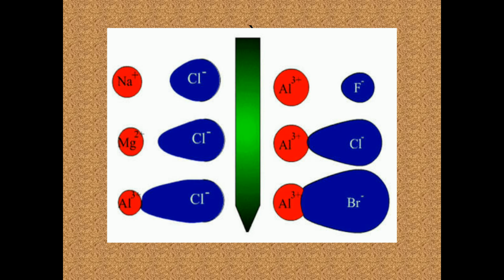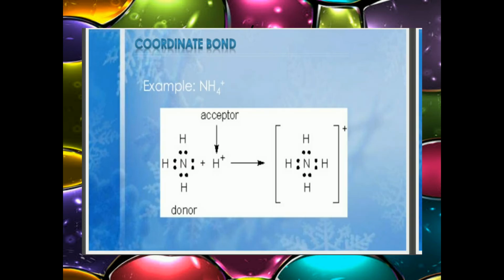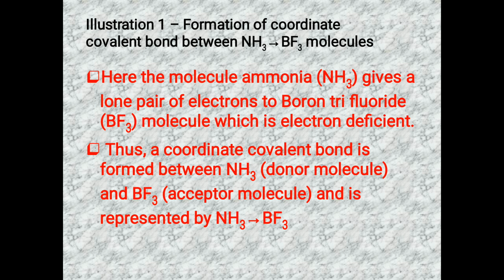Okay, then we see the third bonding type, coordinate bond. In a coordinate bond there is a sharing of electrons, but only a pair of electrons is shared: 2, 4, 6 like this. Example, NH4 plus. Here NH3 is a donor, so it donates electrons to the acceptor H plus and forms a coordinate covalent bond.